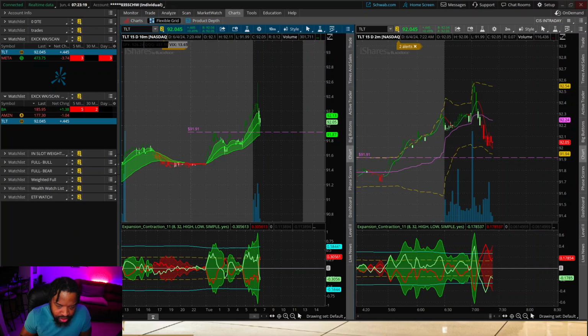And what time do the JOLTS numbers come out, or the manufacturing numbers? The JOLTS job opening numbers, they just came out, and I believe it was less than expected. Here we go. Yeah, JOLTS number just came out, or they're about to come out. I don't know what these numbers mean.